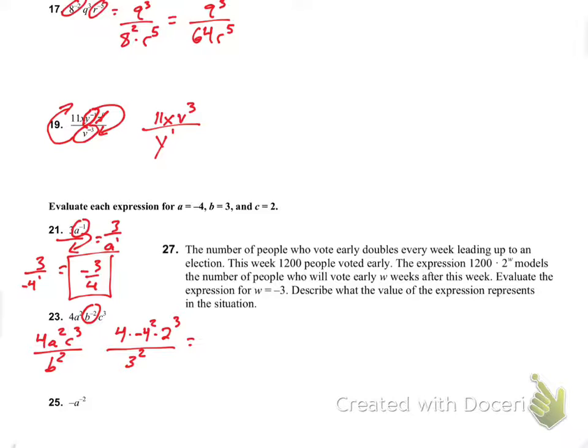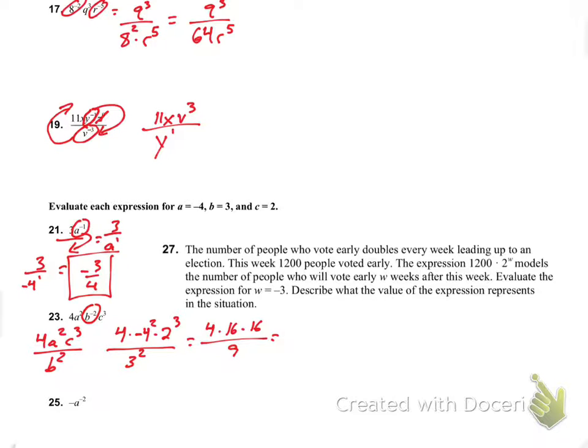So 4 times negative 4 squared is 16, times 2 to the third power is 16, over 3 squared is 9. So that's going to give me 4 times 16 times 16, which is 1024 divided by 9.